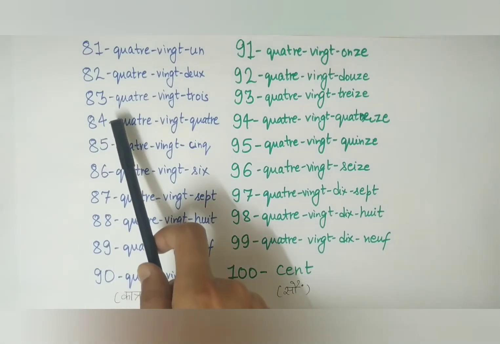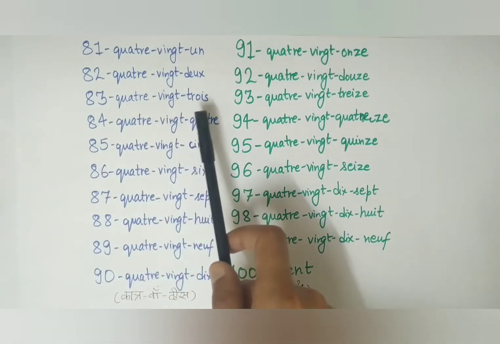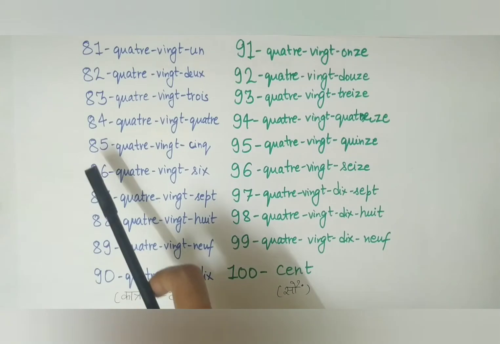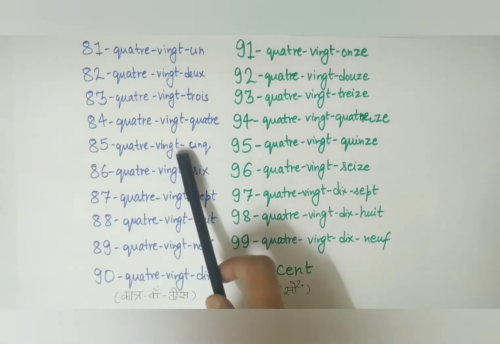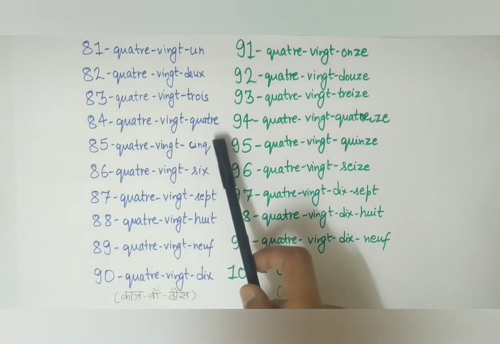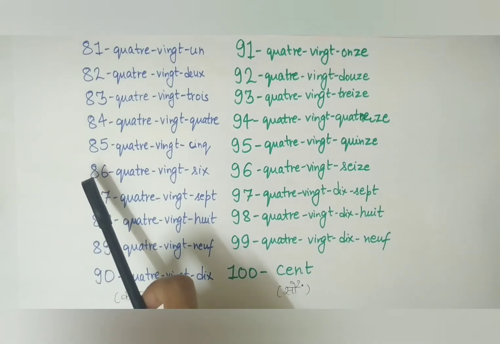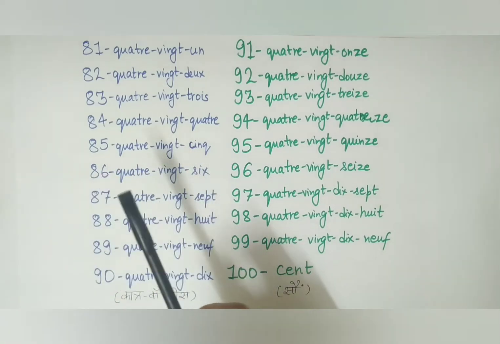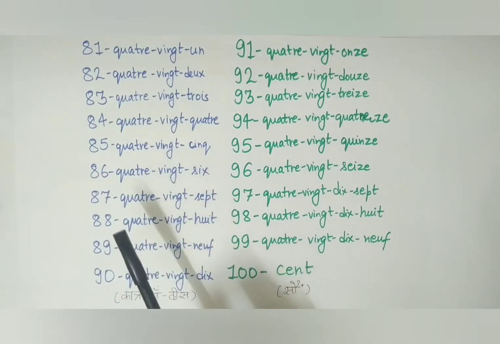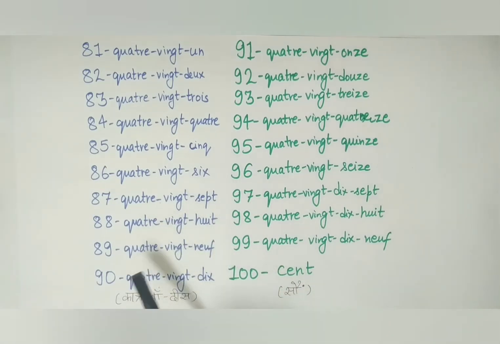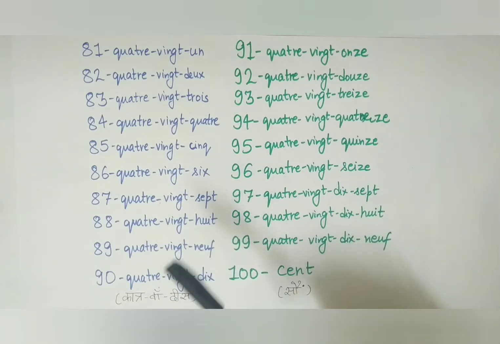Then 84, 80 is quatre-vingt, 4 is quatre. Similarly, 85, quatre-vingt, and cinq. Next we have 86, 87, 88, 89, and here after 9 we will use 10.